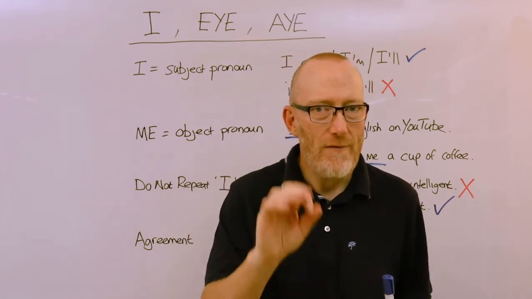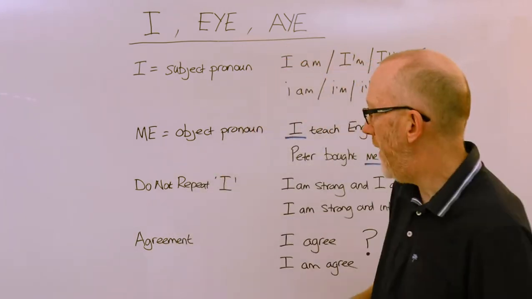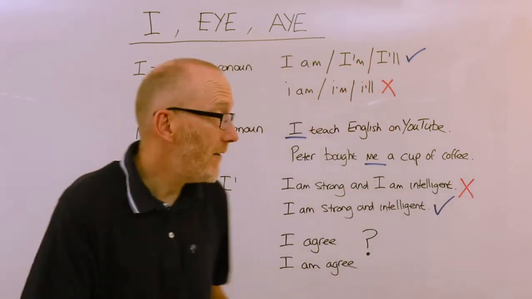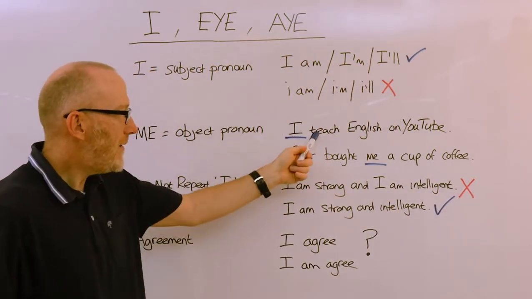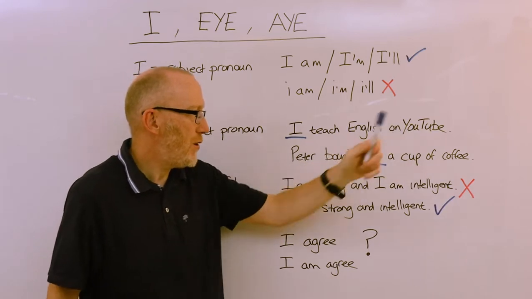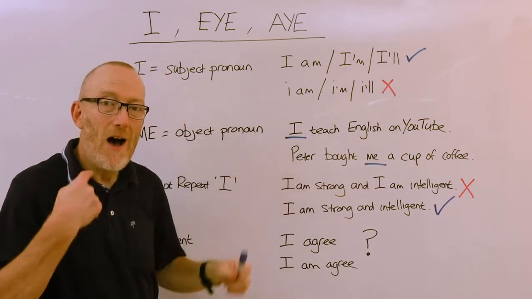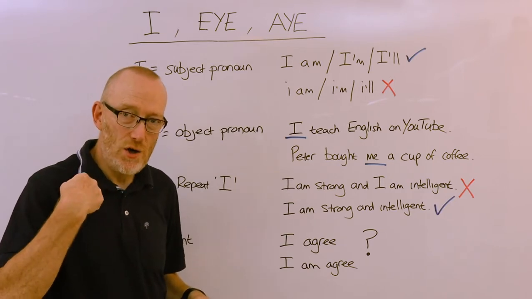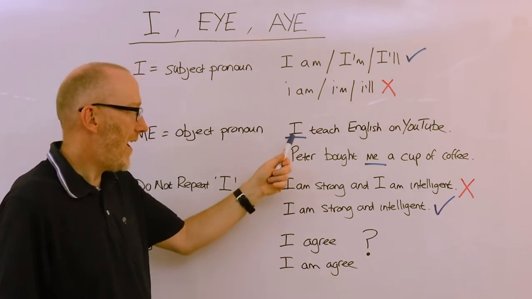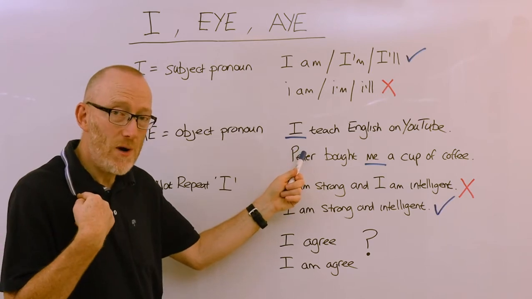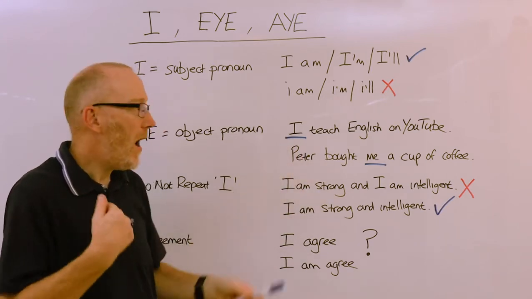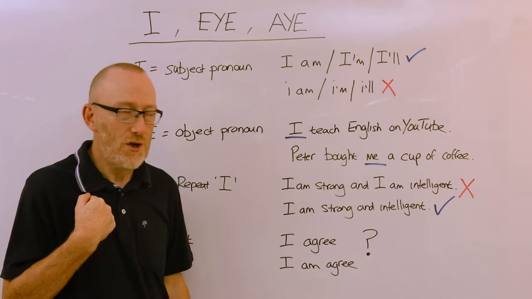So they are very different, and we use them differently. As you can see in these sentences, I teach English on YouTube. I. Subject. I am the subject of that sentence. So I have an I, which is the pronoun, and it's in capital. I teach English on YouTube.